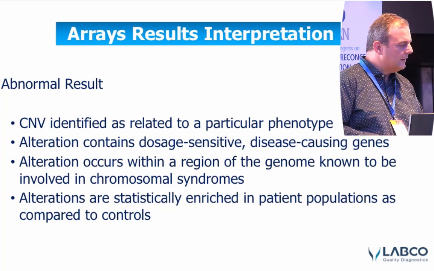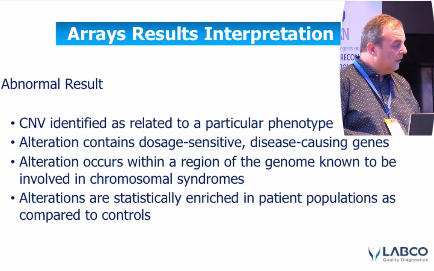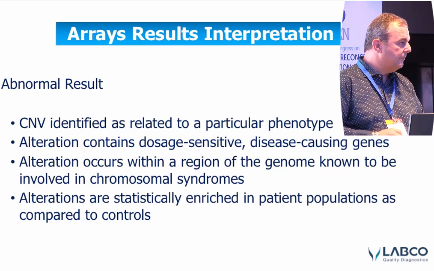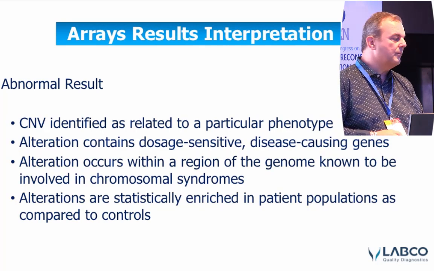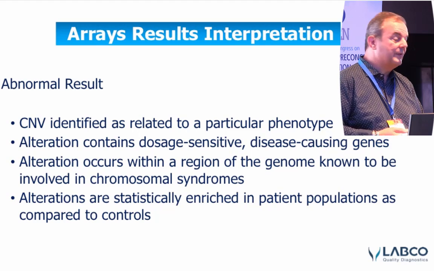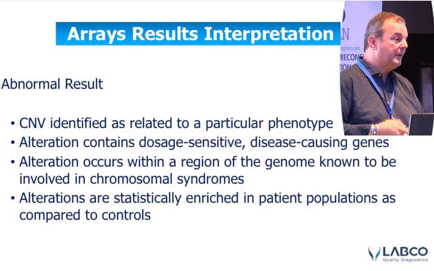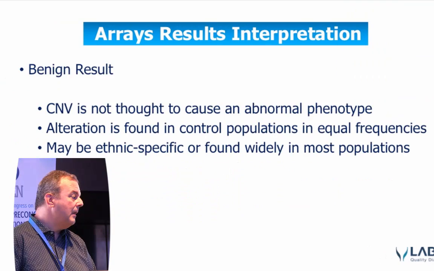The alteration contains dosage-sensitive or disease-causing genes, or the CNV is in a region of the genome which is very well known to be involved in chromosomal syndromes, or is statistically more frequent in patient populations than in controls.